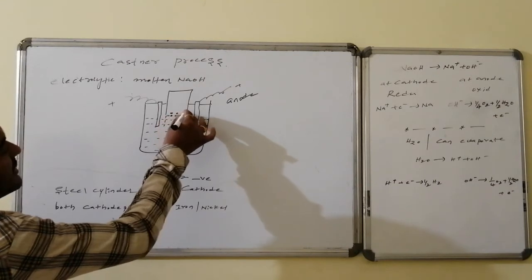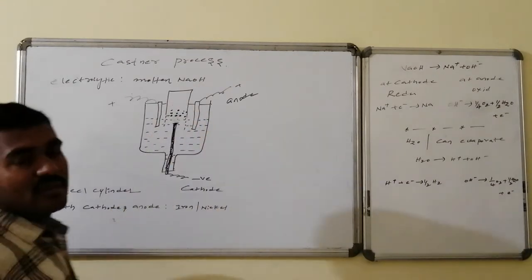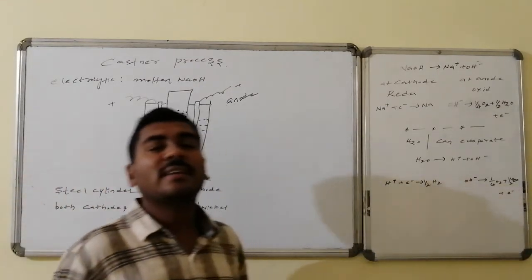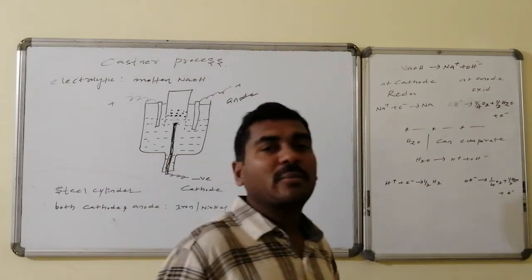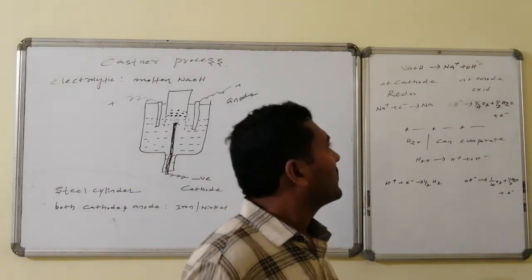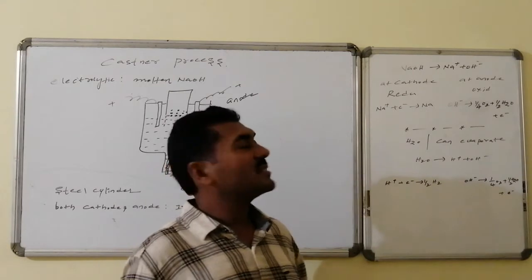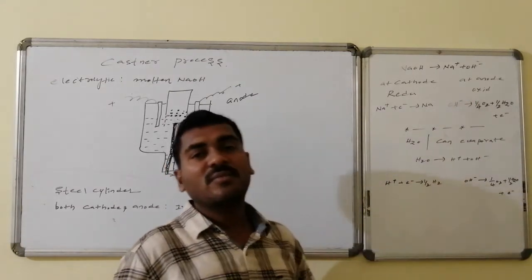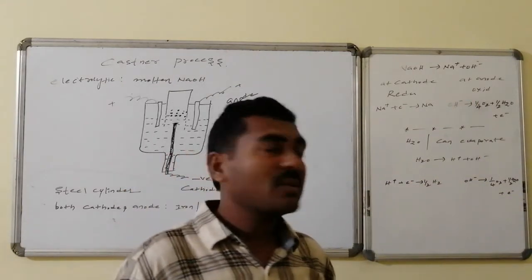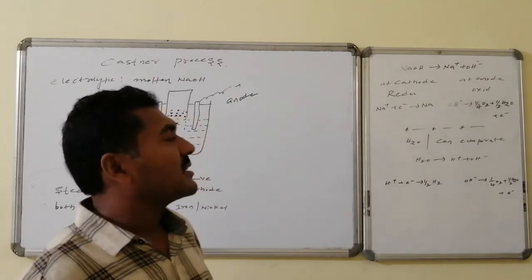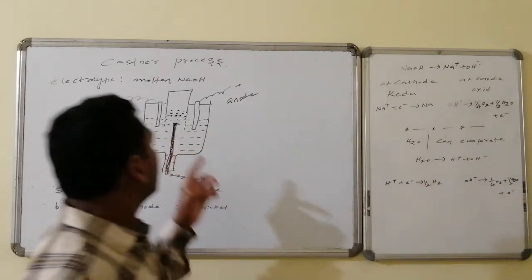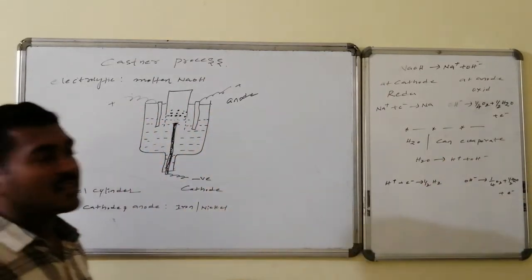Sodium is collected and separated from the sodium hydroxide as well as the anode compartment components. At anode, oxidation takes place: OH- is converted to oxygen followed by water molecules, and electrons are liberated. Thus here oxygen gas concentration goes on increasing.